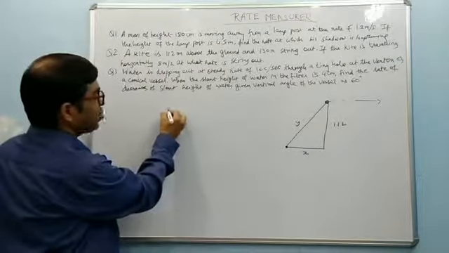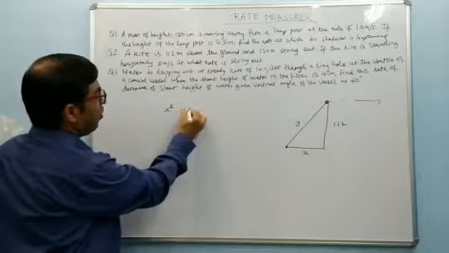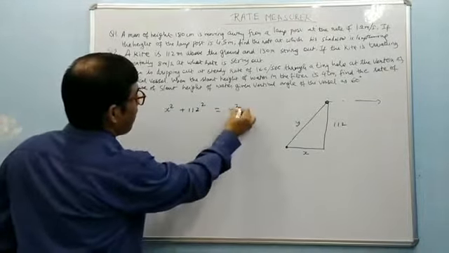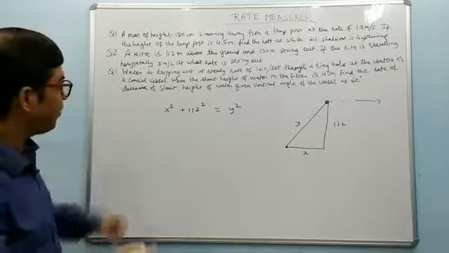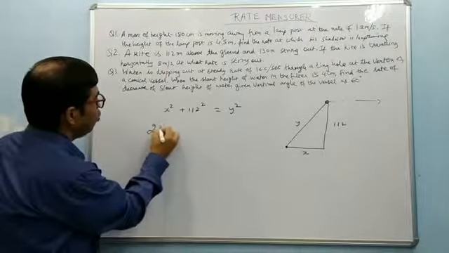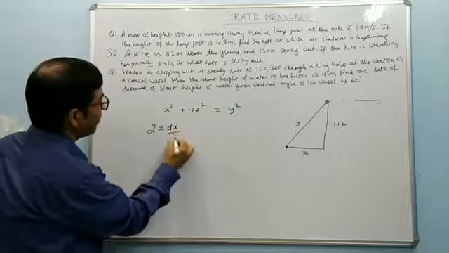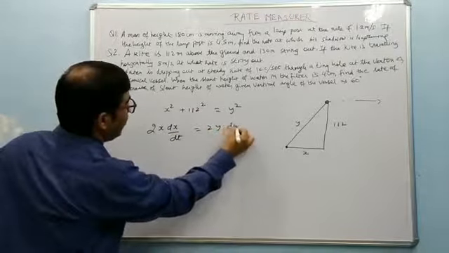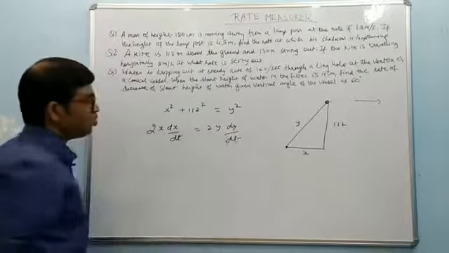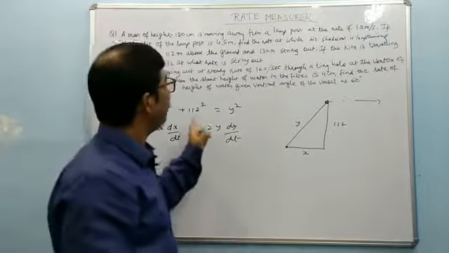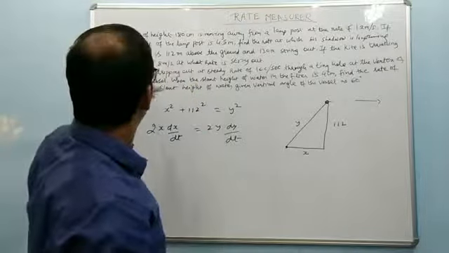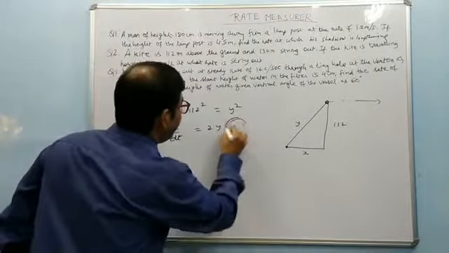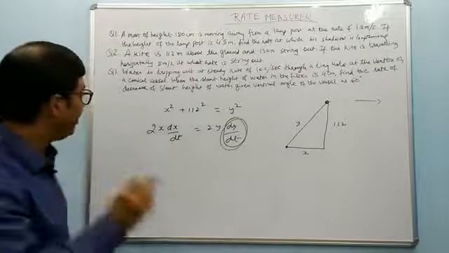What is that? x square plus 112 square is equal to y square. You just differentiate, it is coming out to be 2x dx by dt plus 0 is equal to 2y dy by dt. So what we have to find, actually we have to find at what rate string is out. That means we are interested in dy by dt.